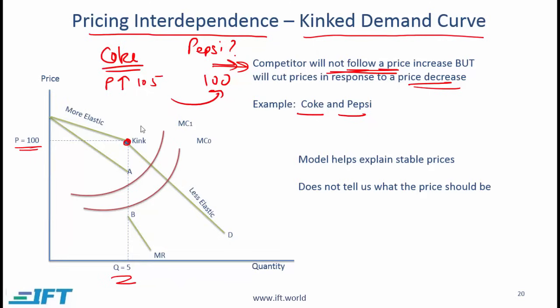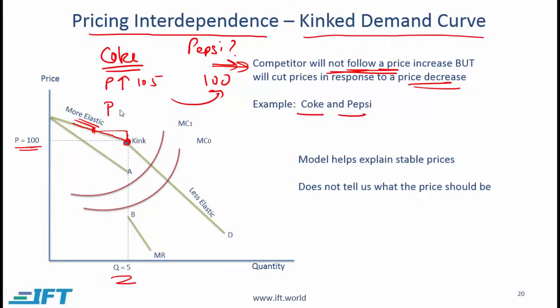So what will happen to the demand for Coke when the price is increased? The quantity demanded will decrease substantially because consumers now are moving to Pepsi. Therefore, this part of the demand curve is quite elastic. On the other hand, what if Coke decreases the price?